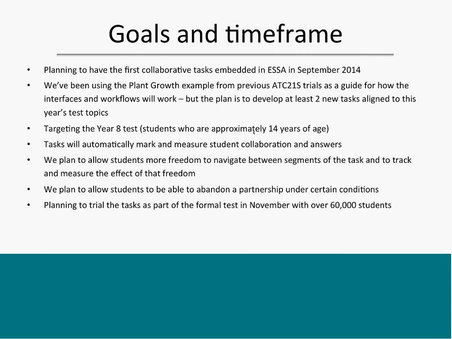We believe that we need to provide an ability for students to abandon partnerships under certain conditions. What we saw in ATC 21 was often many failed partnerships, and the reason for that is that we've got a situation where one student's not going to be able to work effectively with the other student.